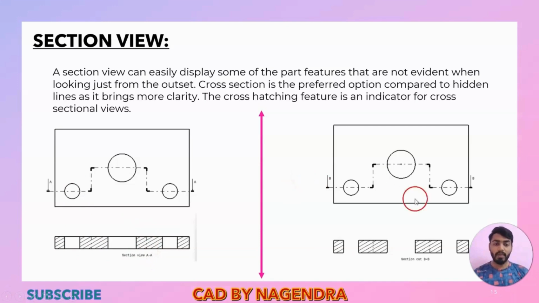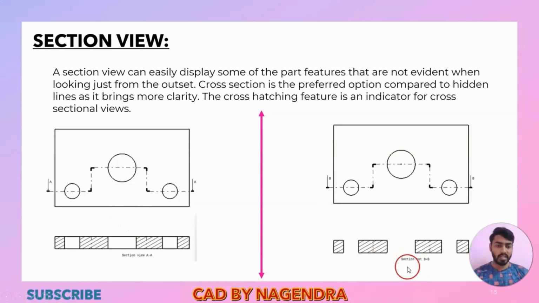Again one more type will be there, section cut. So what is the difference between section view and section cut? In a section view, if we pass this cut section line through this, after making the cut section, whatever backside lines of these holes we have, those we will also get here. As you can see here, there is no material present, but we are able to get backside lines here.